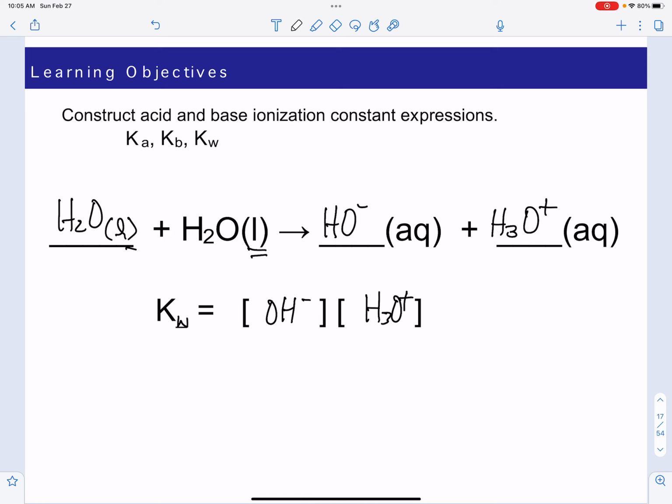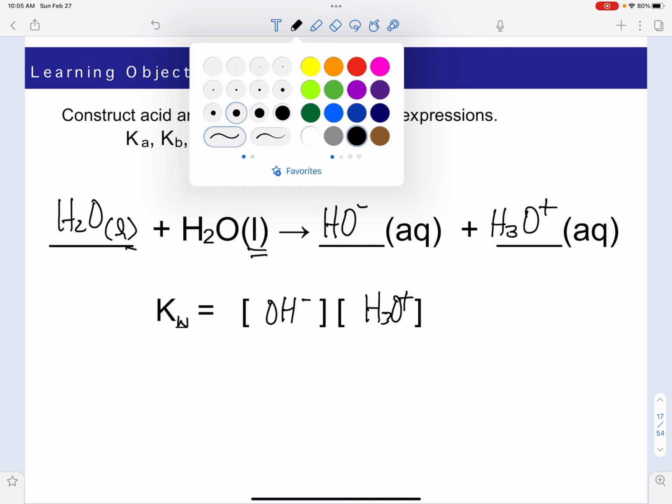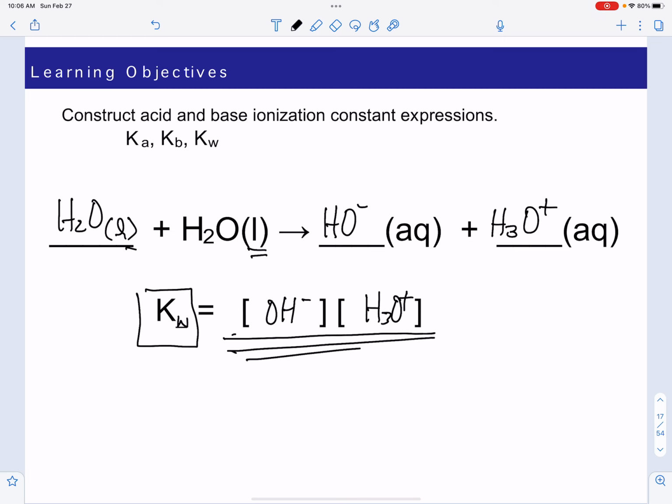So that would be Kw, which is super significant, because with this is how we're going to define the rest of the chapter. Kw is the most important equilibrium constant in reference to acids and bases, because it gives us the basics to understand everything we need to know about acidity and so on. So that's Kw, hydroxide times hydronium.